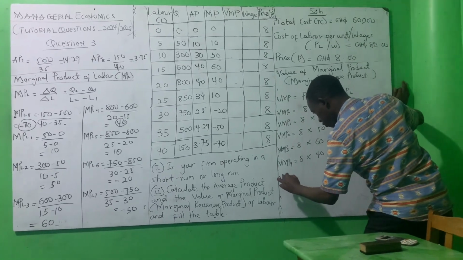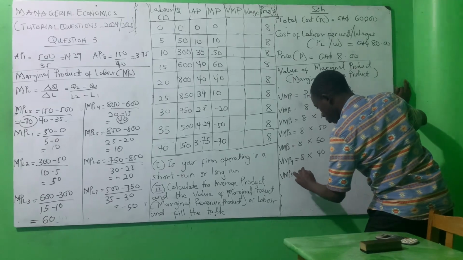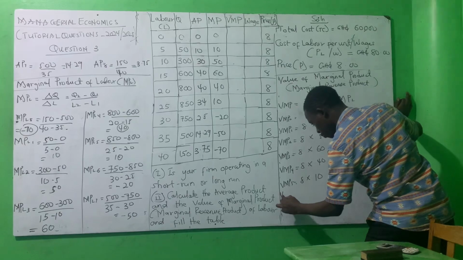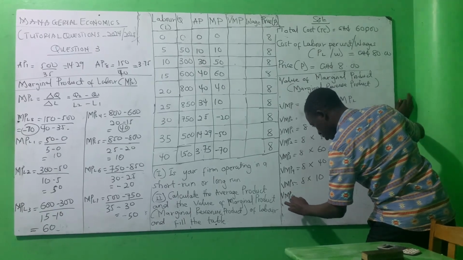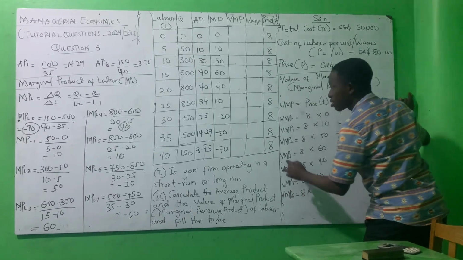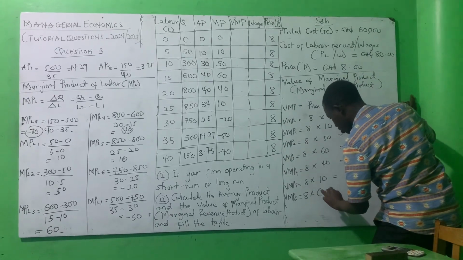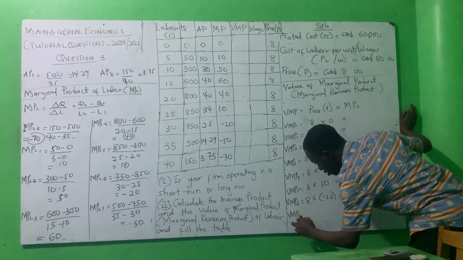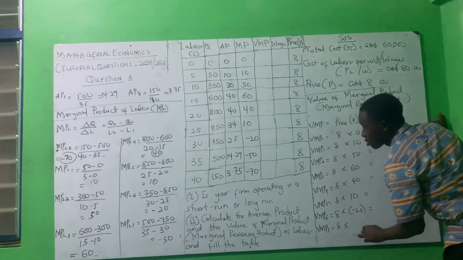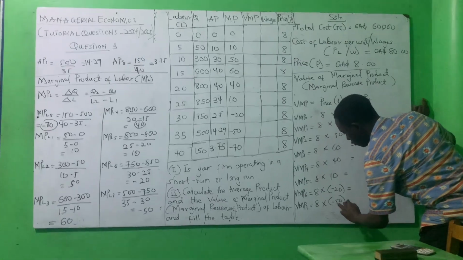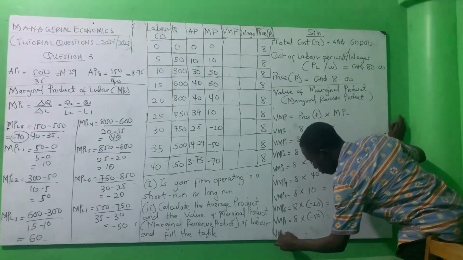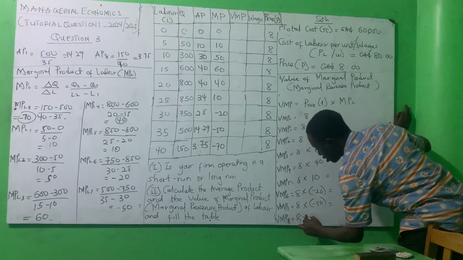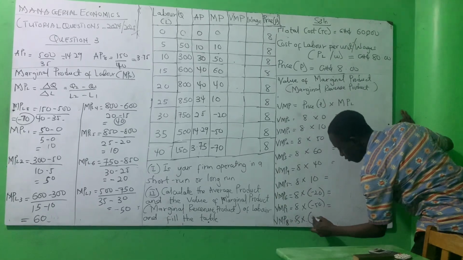Value of marginal product 5: 8 times 10. Value of marginal product 6: 8 times minus 20. Value of marginal product 7: 8 times minus 50. Value of marginal product 8: 8 times minus 70.